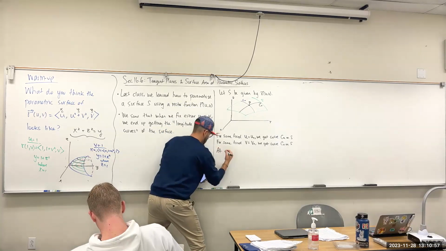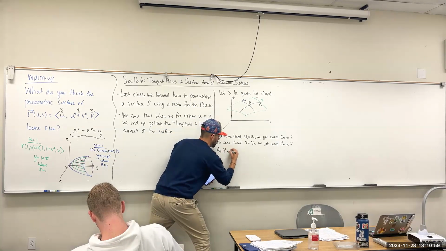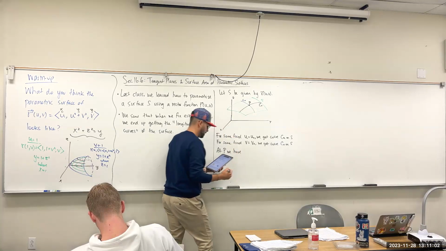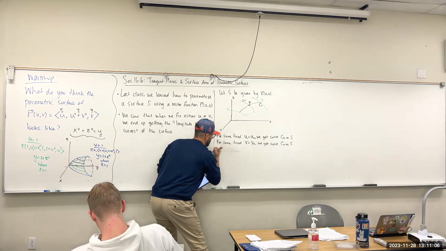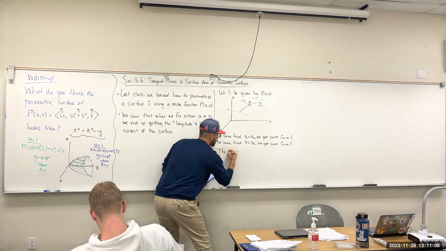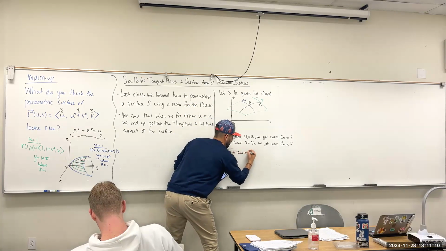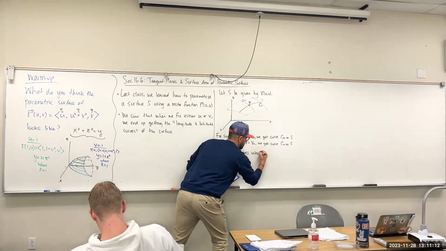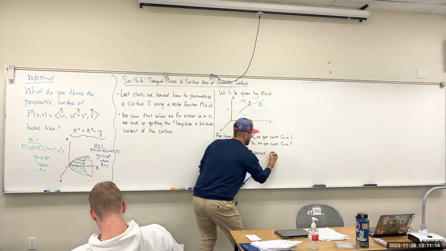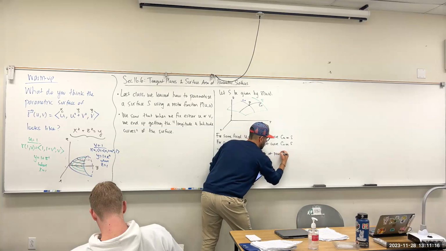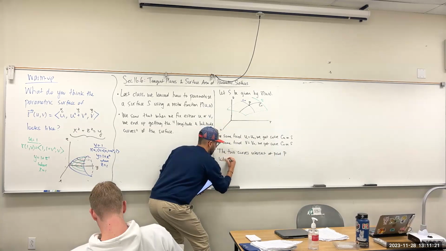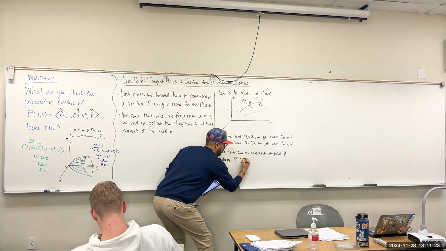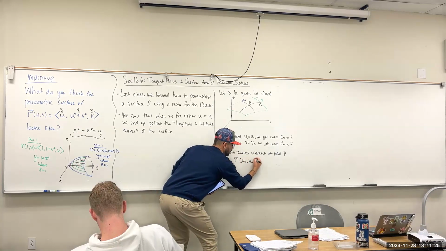And so at P, the two curves intersect at point P where we plug in u naught and v naught into r.